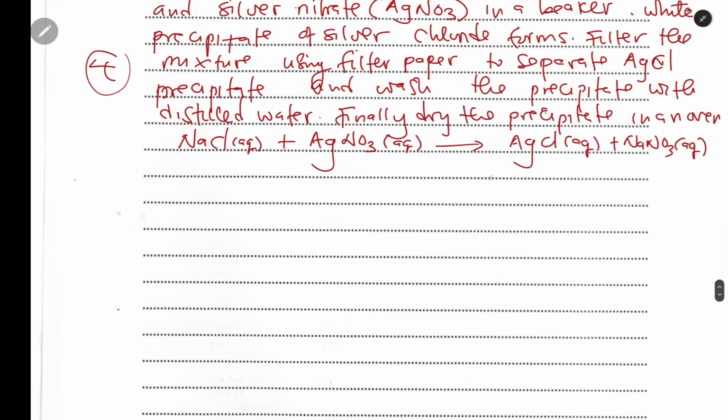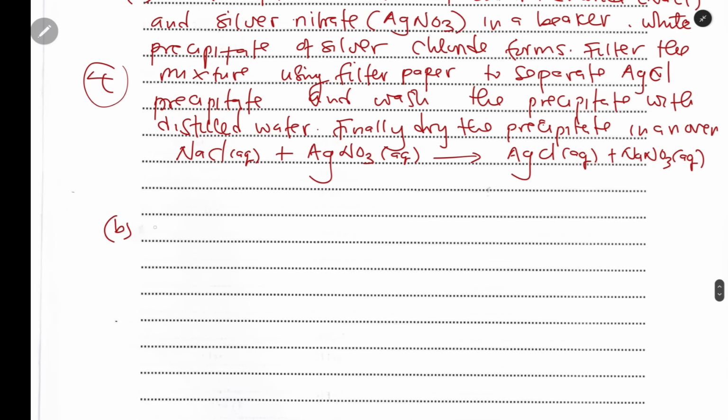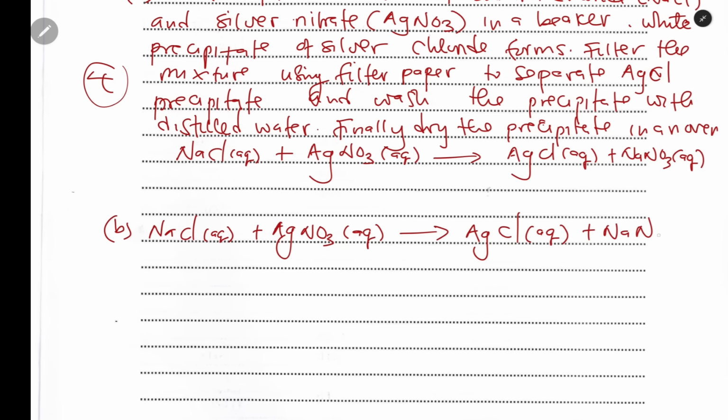Now, the big question here: we are told to write the net ionic equation. For the net ionic equation, is it balanced, please? We write from the balanced equation. So this is balanced. Sodium chloride, aqueous, plus silver nitrate, aqueous, resulting in silver chloride plus sodium nitrate, aqueous.